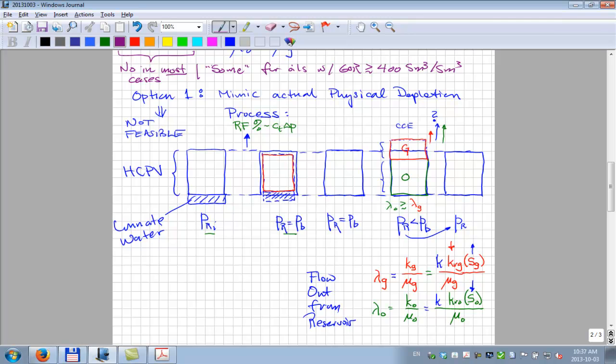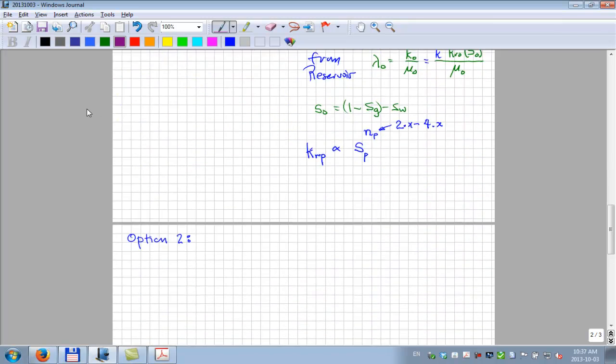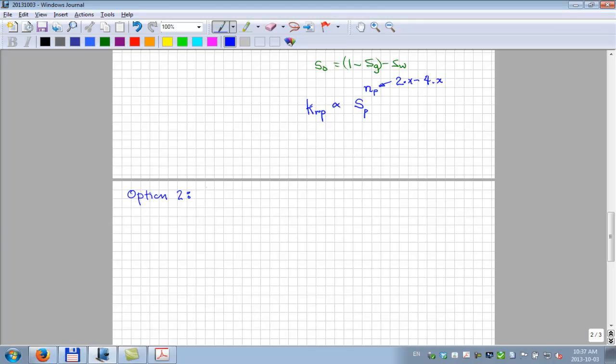But yes, for those kinds of systems, we generally don't go to the differential liberation experiment. But for most systems, it doesn't matter. So what we're going to do, and the second option, and what is actually used, is that we remove all gas. The only reason for doing that is that it is the simplest lab procedure.